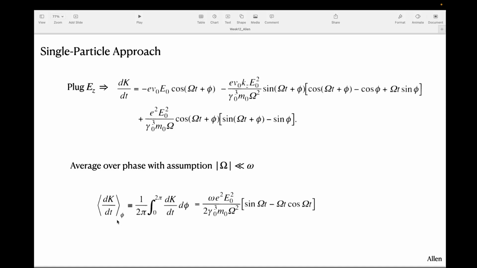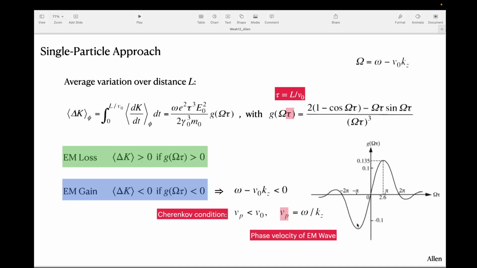And therefore, by integrating over the phi term here, we can get this result, and further integrate over time, where the time is divided by the drift velocity, and then we can get the delta average kinetic energy.